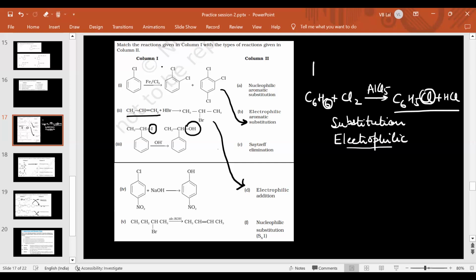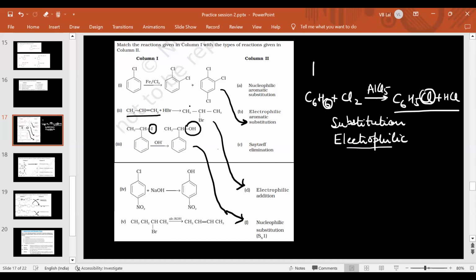It is a negative species which is being replaced. So what type of substitution will it be then? It will be nucleophilic substitution.